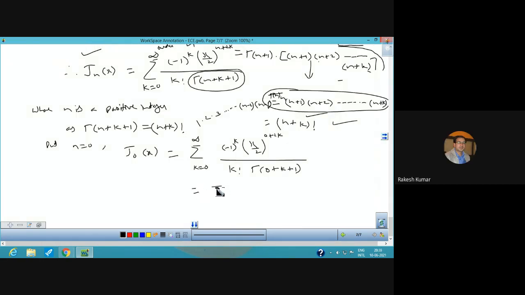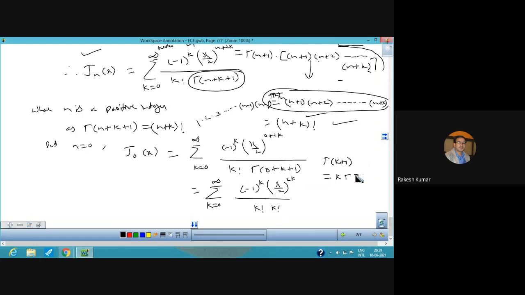You will have a summation k is 0 to infinity, minus 1 power k, x over 2 raised to power 2k, and your k factorial is there, and this is also your k factorial, because gamma k plus 1 can be written as k gamma k.